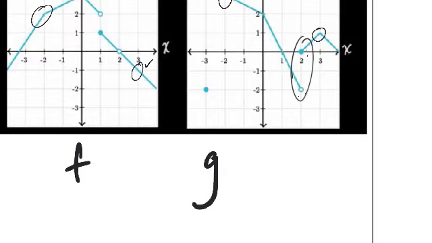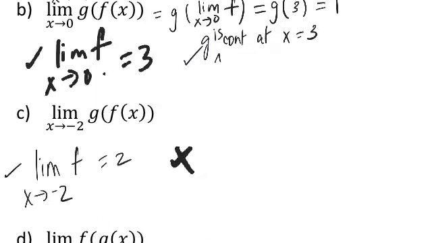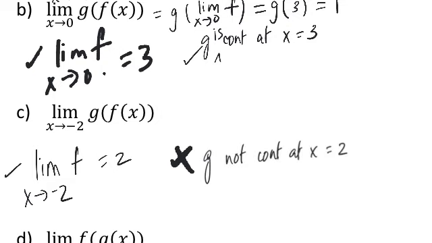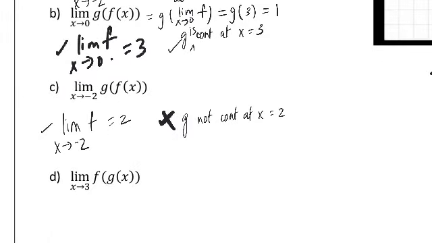So this is our first situation where G is not continuous at x is equal to 2, right? So does that mean that this overall limit is a DNE? Well, not necessarily. So what we have to do in a case like this, where you see it's the outside function, that's outside function G, right? Not continuous at the place that we're interested.